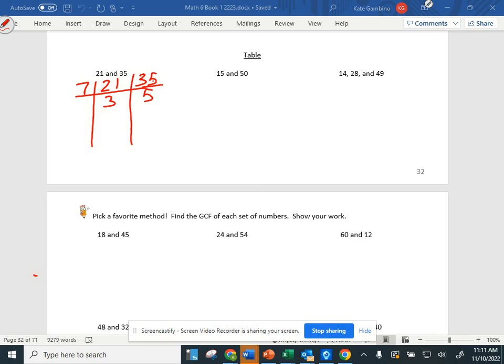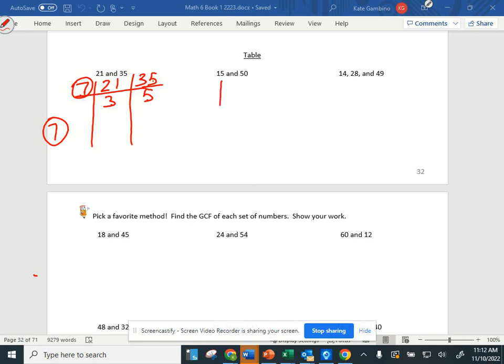It's a little bit more abstract using the table, right? So we know that the 7 times 3, 7 times 5 works for each number. It's a little bit more confusing how to use the table. Do they share any other factor? That is the only one that they share. So we know 7 is our greatest common factor.